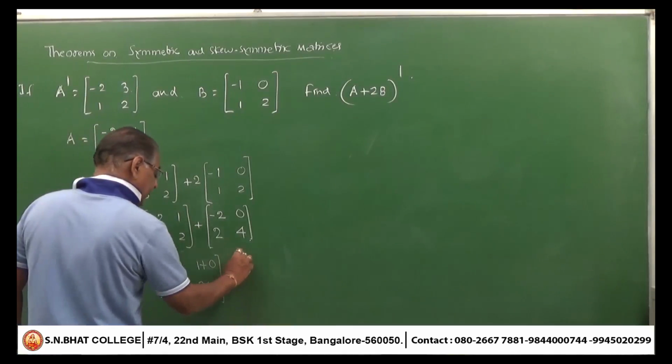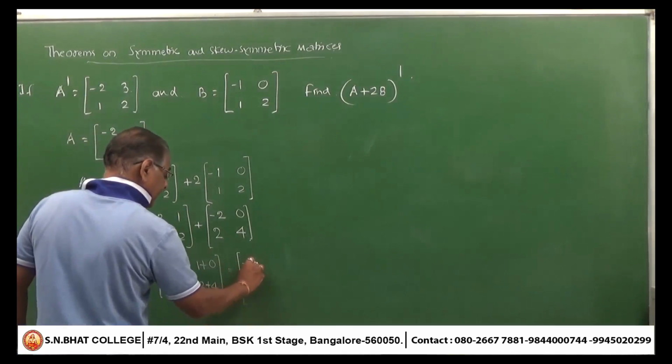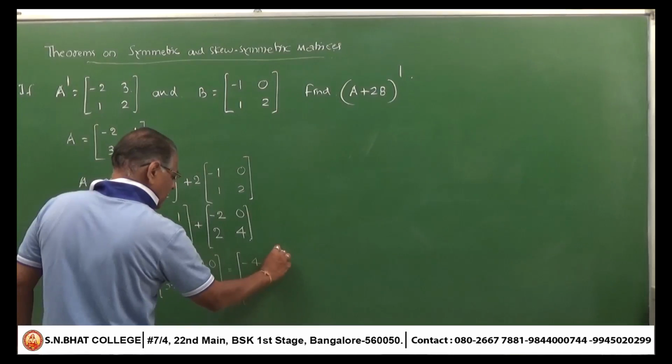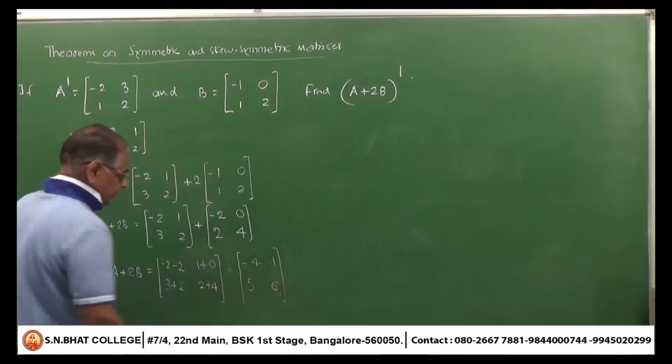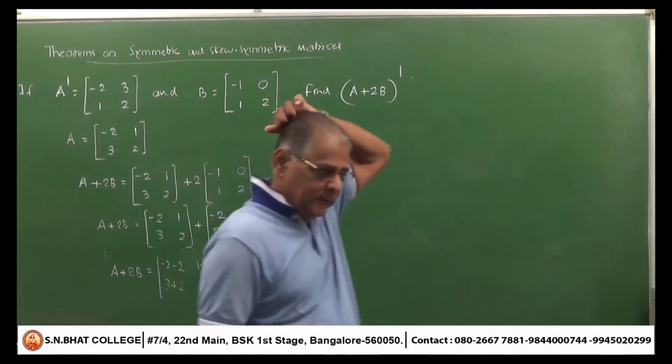After simplifying you get -4, 1, 5, 6. This is A plus 2B.